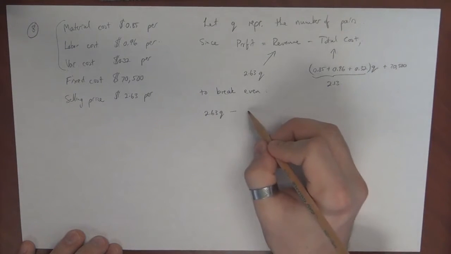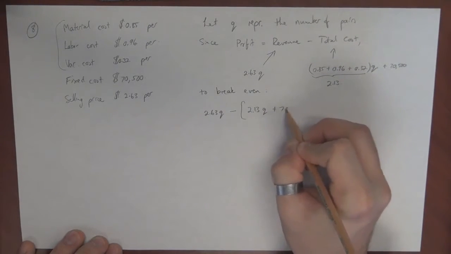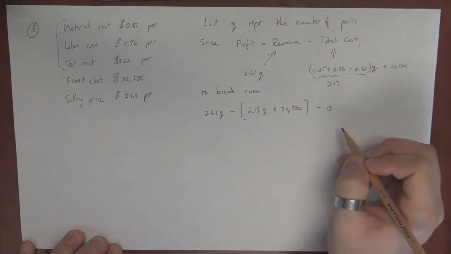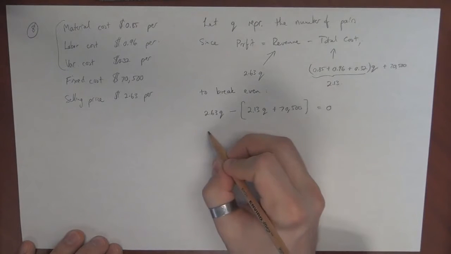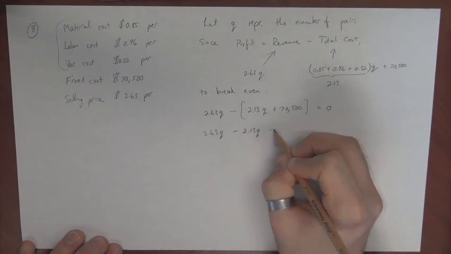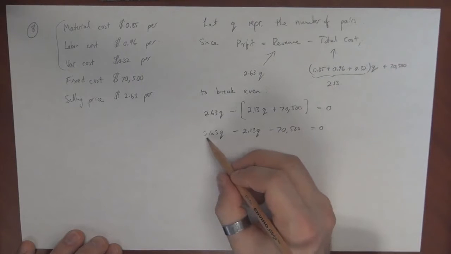So revenue minus variable cost plus fixed cost equals 0. So I have 2.63Q minus 2.13Q minus 70,500 equals 0.